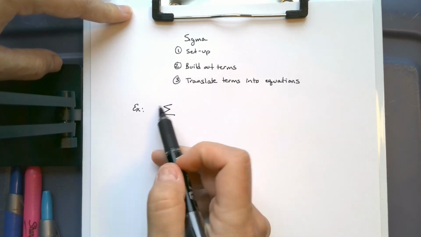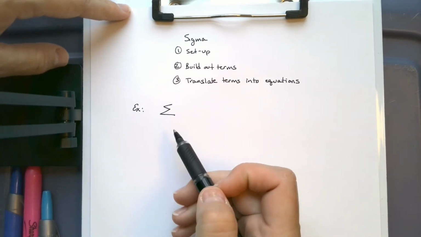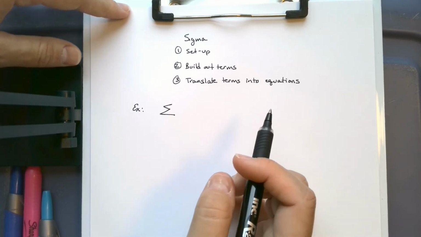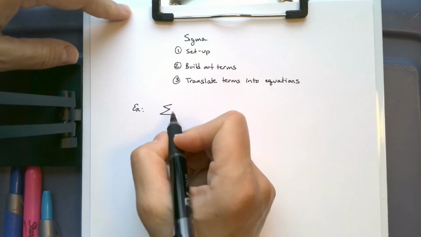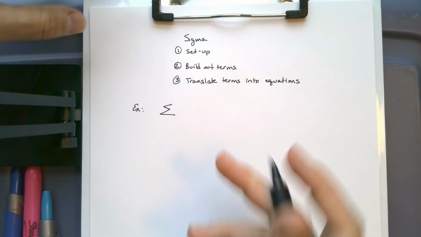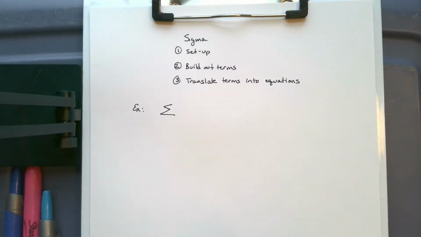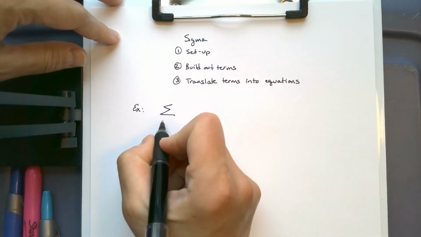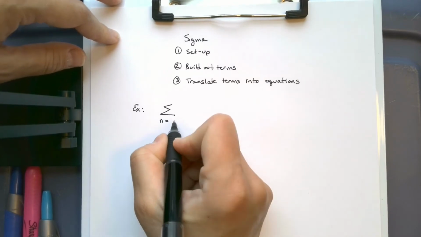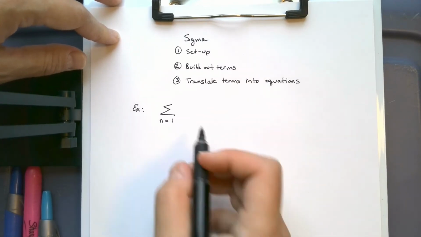First of all, this sharp-cornered E is the Greek letter sigma. It stands for sum. So we're going to use this to represent that we will be adding together terms. Specifically, we're going to begin with, in this case, the first term.